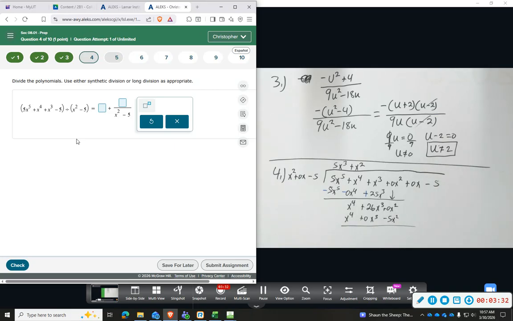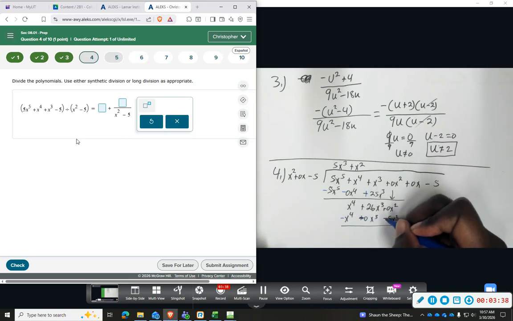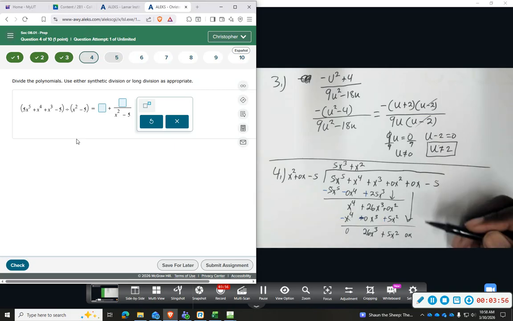We're going to change the sign, so this will subtract, this will subtract, and this will add. So that will 0 out. This will give us a positive 26x to the 3rd. This will give us a positive 5x squared, and then we bring down 0x, just as a placeholder.